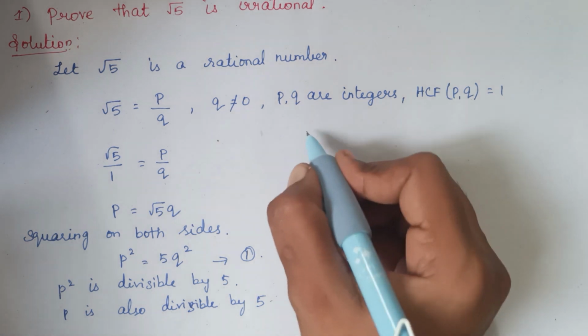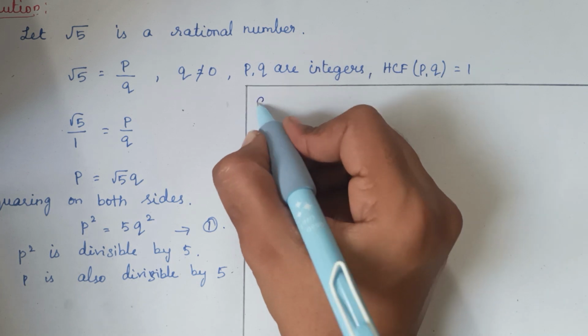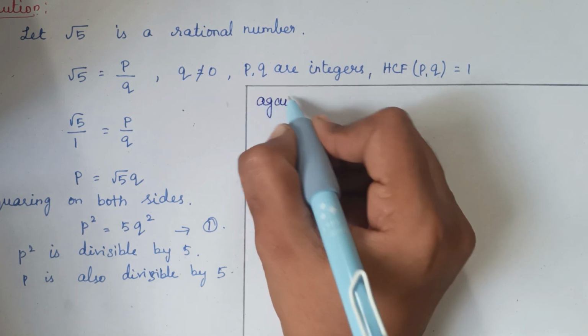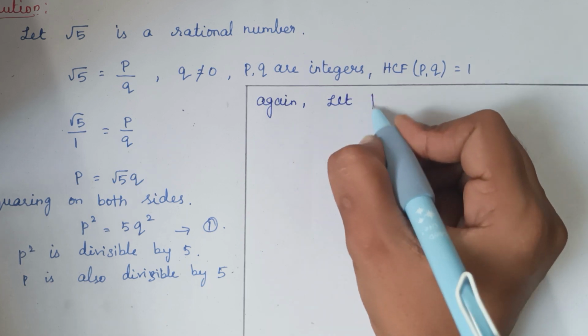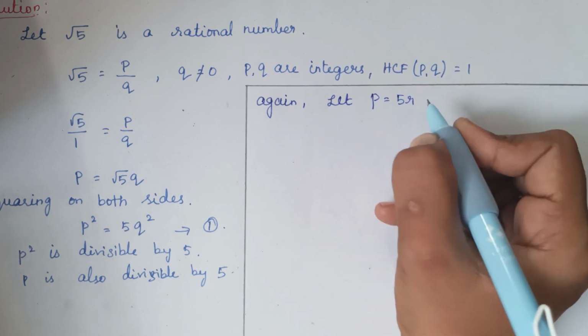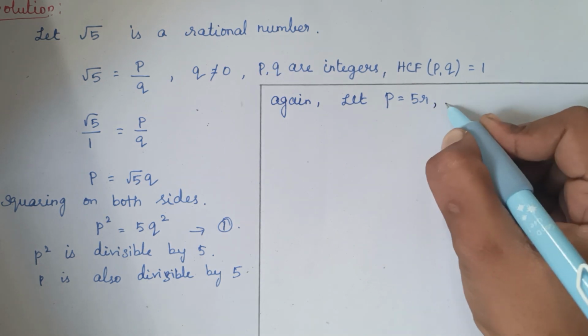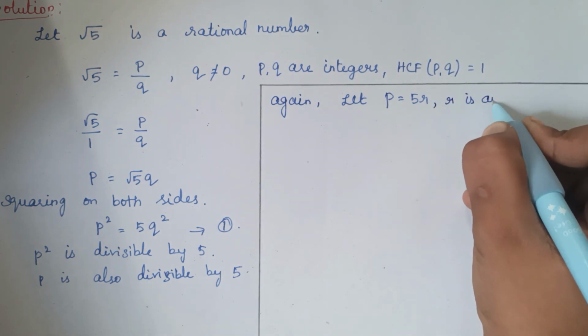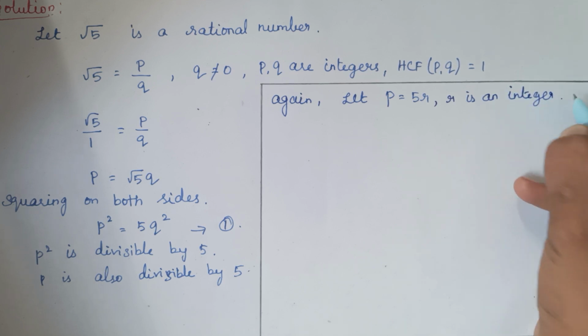Now again, let us assume that p is equal to 5r, where r is an integer.